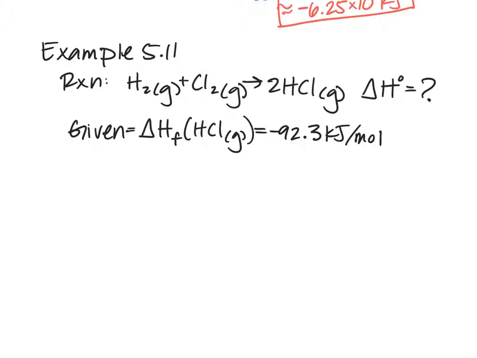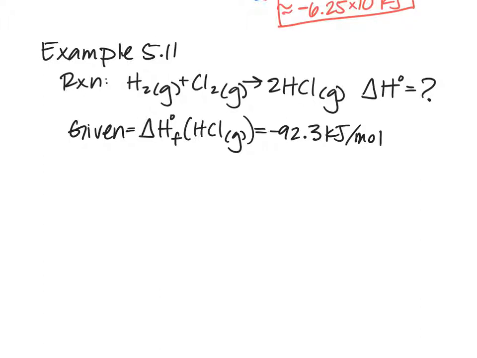Okay, moving on to example 5.11. So this is yet another way to calculate delta H, again, which is enthalpy. And this is delta H of a reaction given what's called delta HF, or delta H of formation, the change in enthalpy or the heat given off in the formation of particular either compounds or elements.